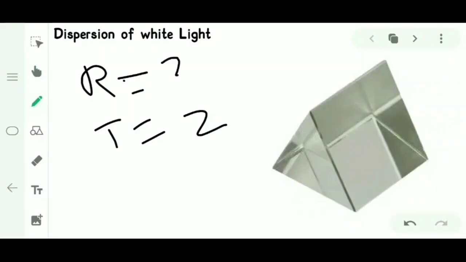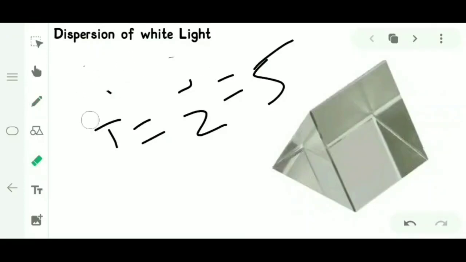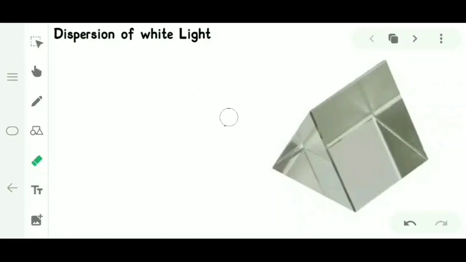So rectangular is 3, total 5 faces. So a prism is a glass slab type structure made of 5 faces. Out of them the rectangular shape is 3 and the triangular shape is 2. Clear? Now we have to elaborate what will happen through the prism: it will start dispersion.